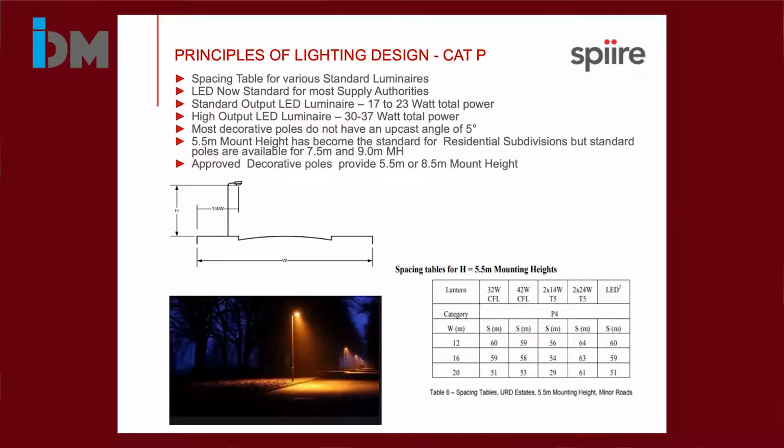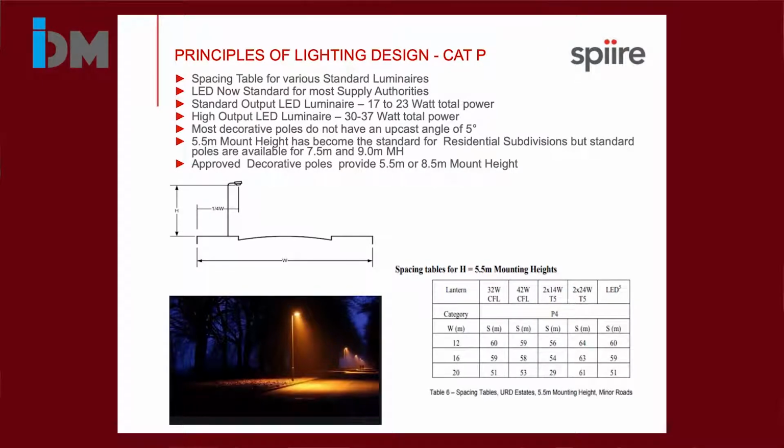And 5.5 metre mount height has become the standard for residential subdivisions, but standard poles are also available to give a mounting height of 7.5 and 9 metres. Approved decorative poles will typically only give you the option of either a 5.5 or an 8.5 metre mount height. And the mount height basically is the distance from the ground level to the actual fitting itself.